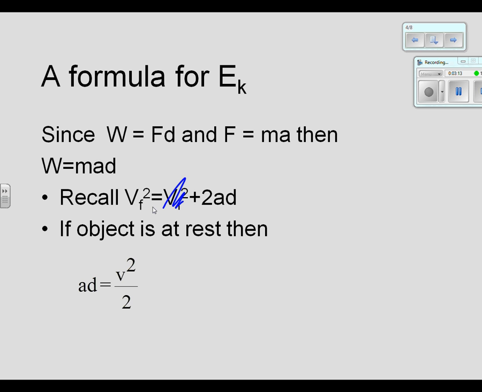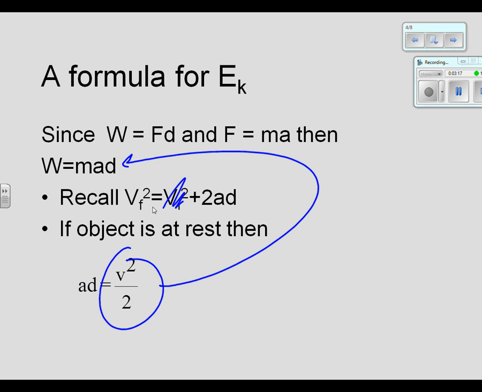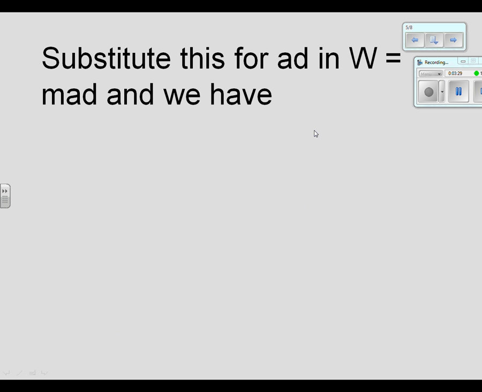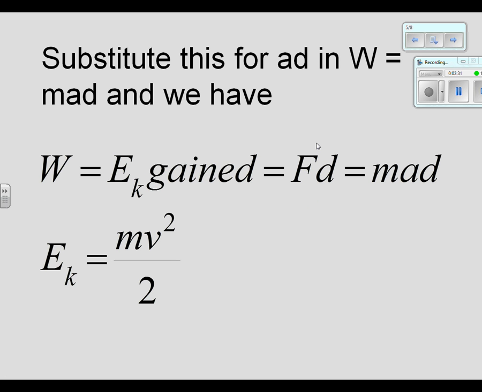And so, now this is going to go in there, and what do you get? W equals M V squared over 2. Substitute this in for the AD.